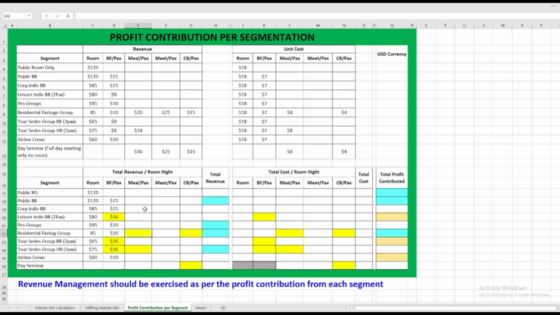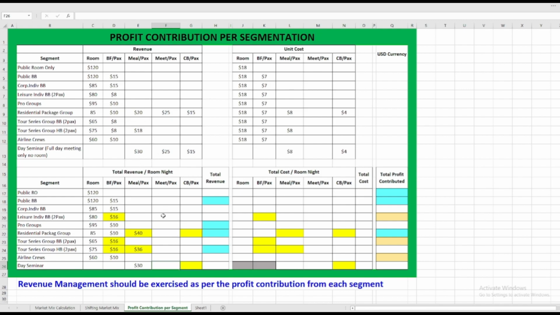Tertiary group half board for 2 is 18 times 2, so $36. Air crew only has breakfast, and day seminar is $30 per person for meals.